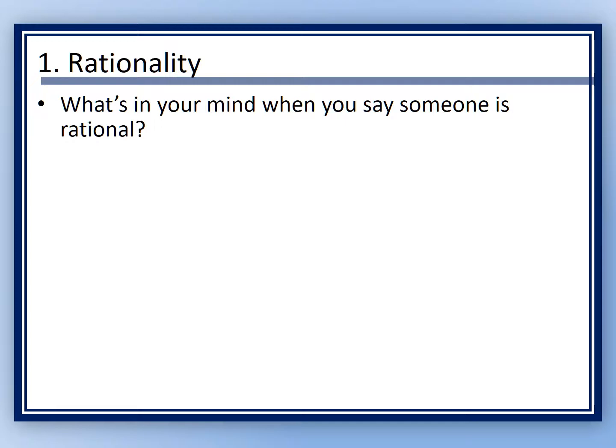What's in your mind? Its performances come from a calculation. All right. So it's a calculated decision, right? That's something you might think of, right? It's a calculated decision. What else?